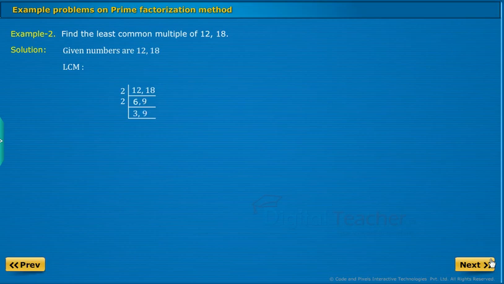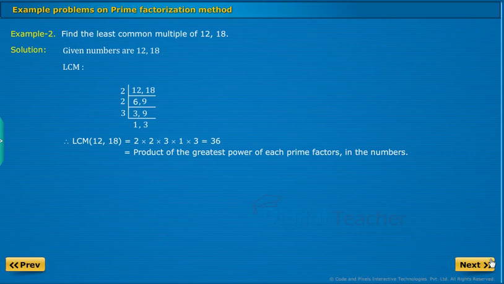At this stage, the obtained numbers are prime in nature. They cannot be further factorized in terms of numbers other than 1 and themselves. The product of all these prime numbers is shown on screen. The least common multiple of the given numbers is equal to the product of the greatest power of each prime factor in the numbers.